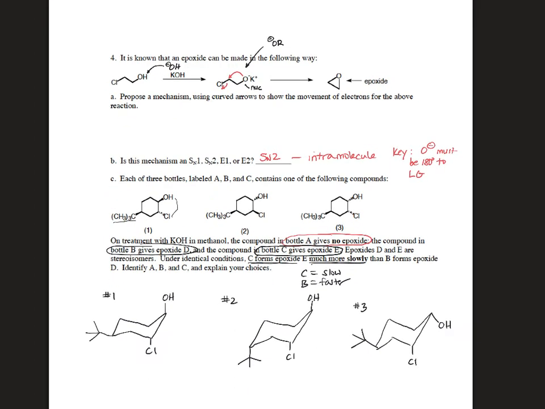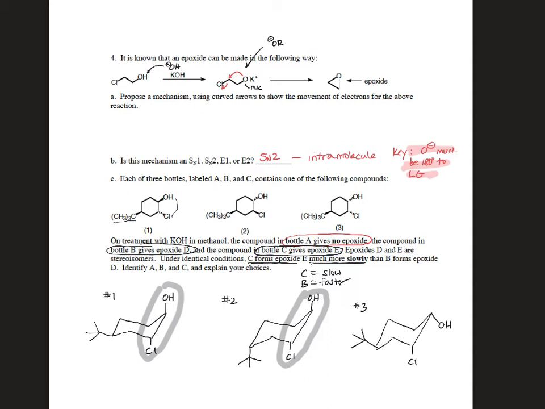It's an SN2 reaction, and it's going to require that the O- and the leaving group, the chlorine, have to be 180 degrees apart. So I have that set up in number 1. These guys are 180 degrees apart. One's straight up, one's straight down. I have it in number 2 as well. One straight up, one straight down.